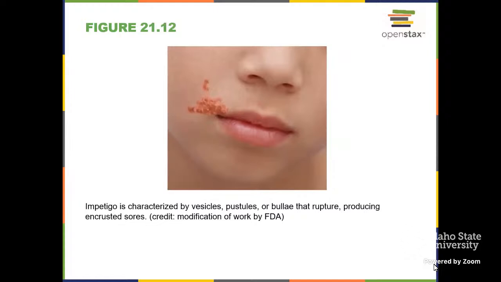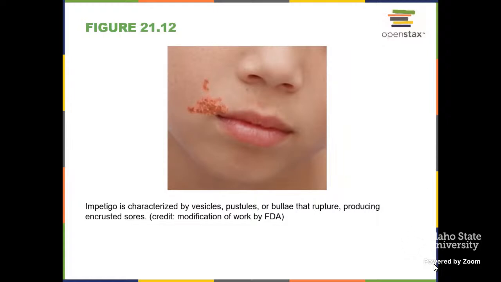Impetigo is, well, technically with impetigo, there's multiple bacteria, but Staphylococcus is a main player, and Streptococcus participates in this as well. So Staph aureus and Streptococcus pyogenes are the two participants in infections with impetigo.